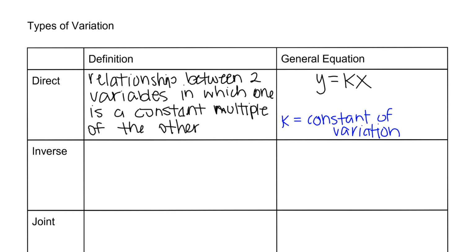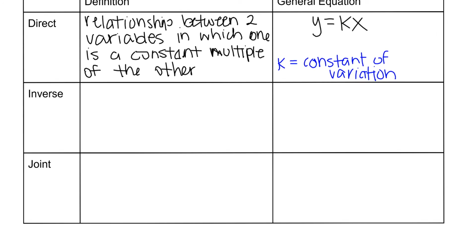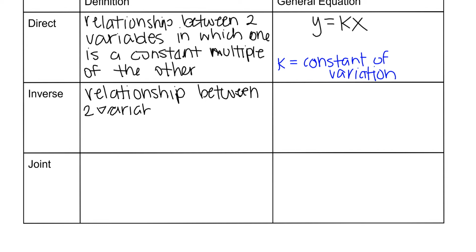Our second type of variation is an inverse variation. Inverse variation is a relationship between 2 variables in which the product is a constant.